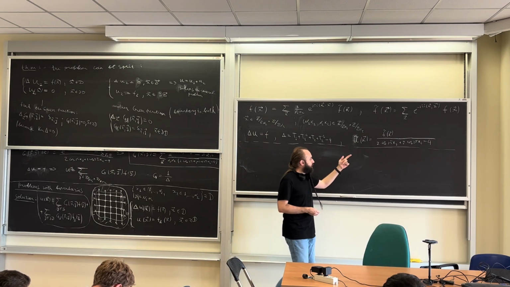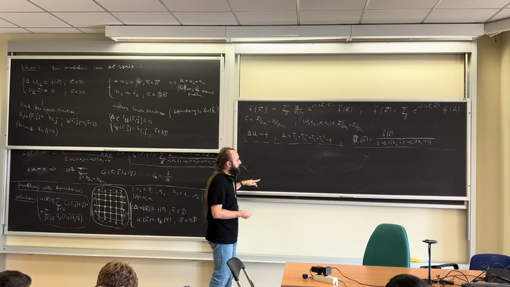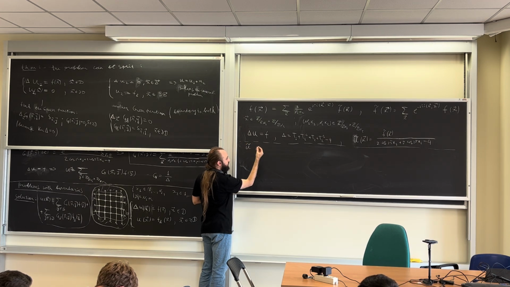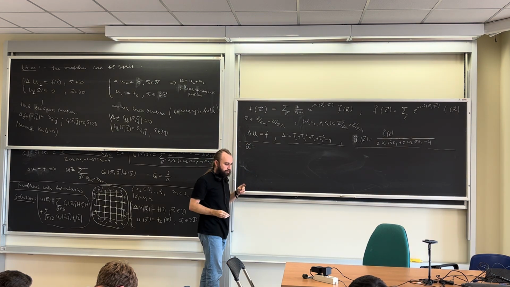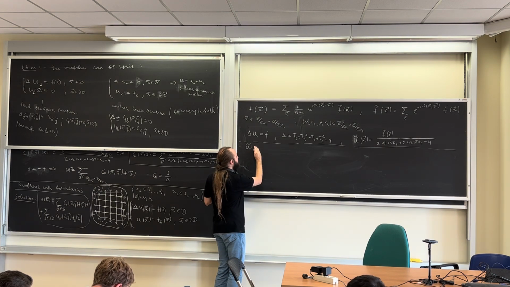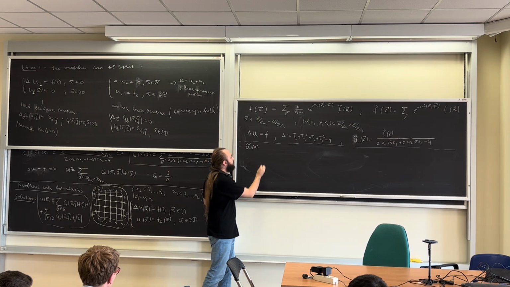I would like to ask the following question. Suppose that there is a formula that the Fourier image of some function equals a product of Fourier images of some other functions.